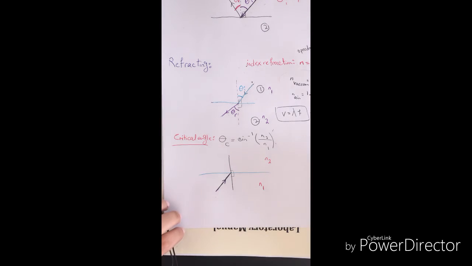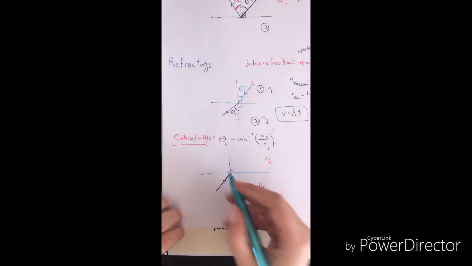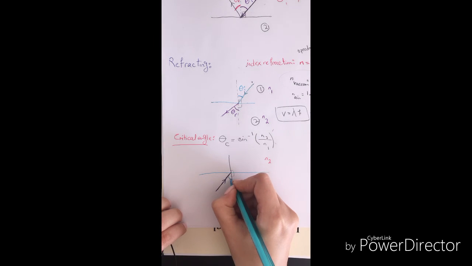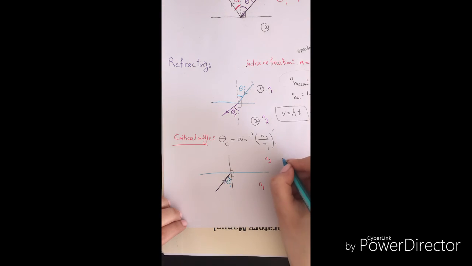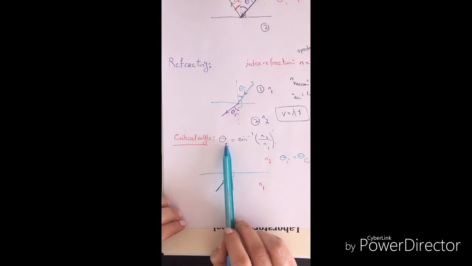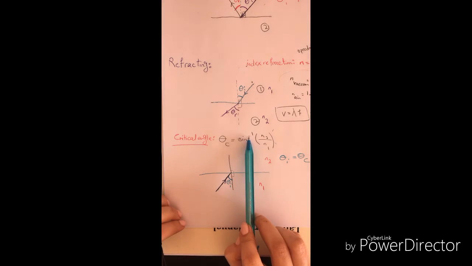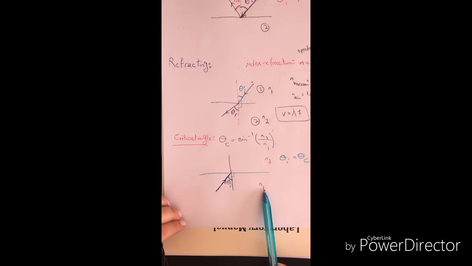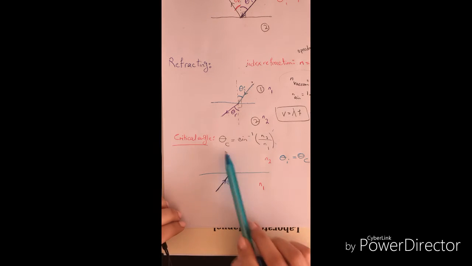If the initial angle equals the critical angle, which is sine inverse of n2 over n1, we got the critical angle.